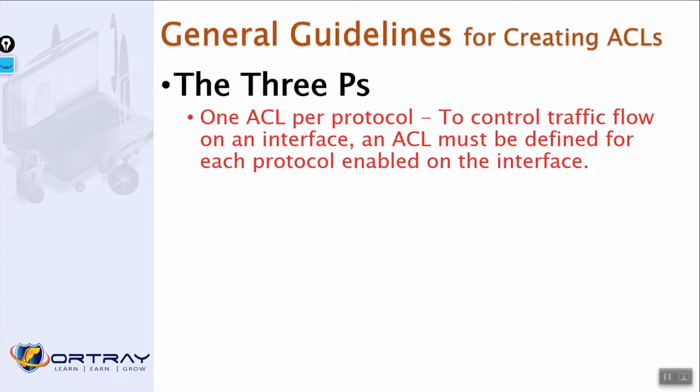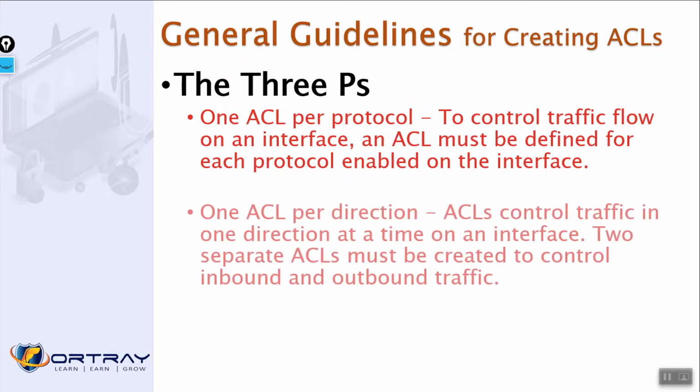The 3Ps: an ACL per protocol. What do we mean by that? One ACL per protocol for the traffic flow on an interface. An ACL must be defined for each protocol enabled on the interface. So first, you define the ACL based on the protocol, and then you enable it on the interface.